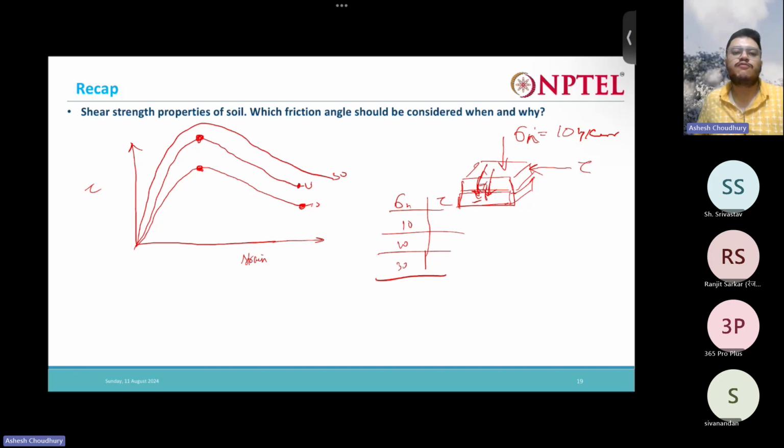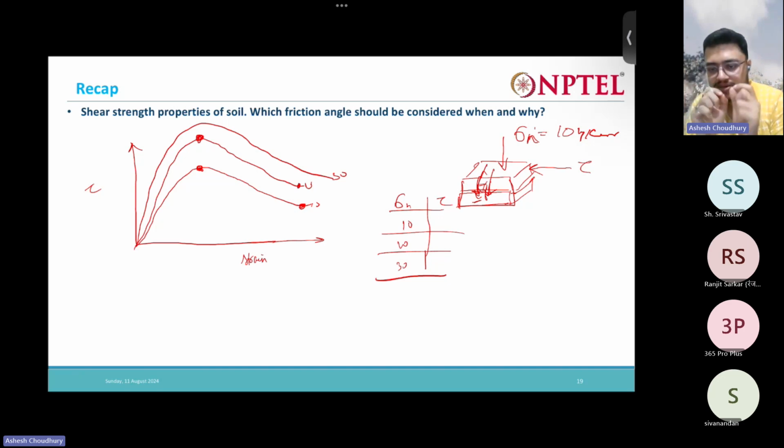The reason is, when you construct, say, a retaining wall, generally the strains that are generated, you want that the retaining wall should perform in low strain condition. You do not want the retaining wall to have very large strain, right?